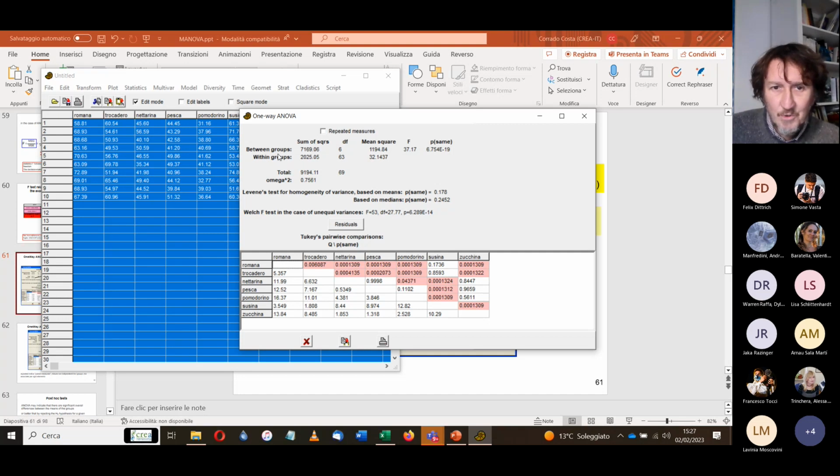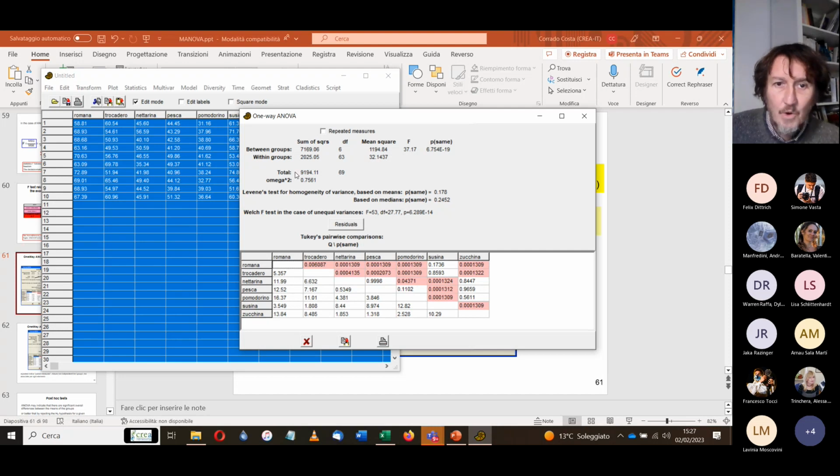So between groups, we have this value. Within groups, we have this value. This is the degrees of freedom. So we can calculate the mean square here, and this is the value F. It does not report the critical values, but the P statistic shows that it is significant. So the equal means hypothesis is rejected.